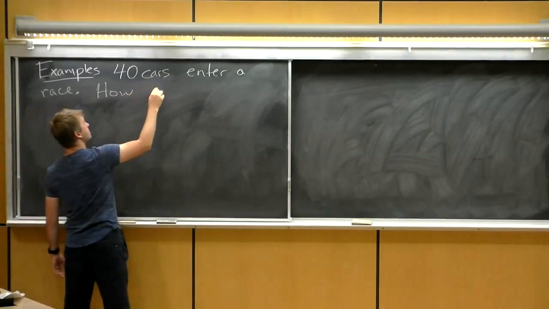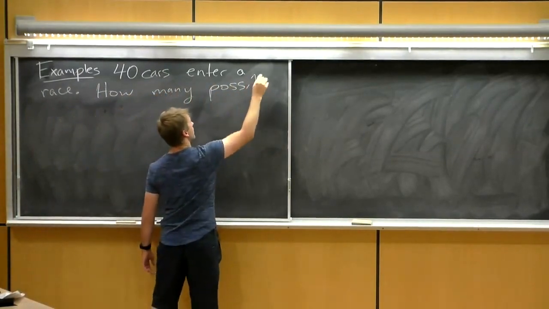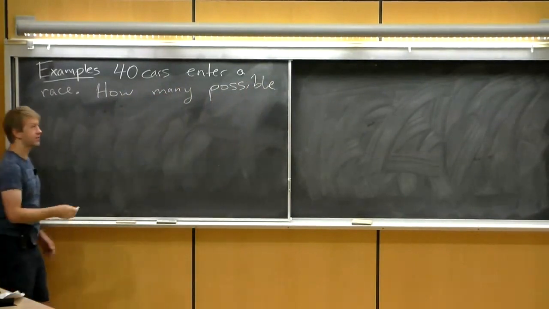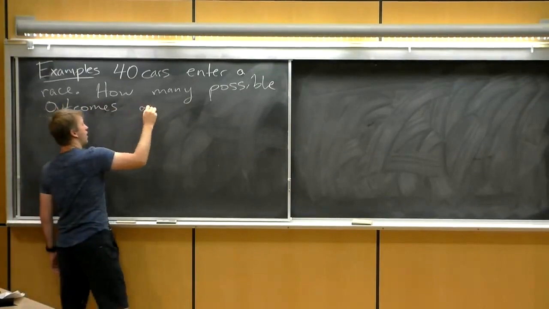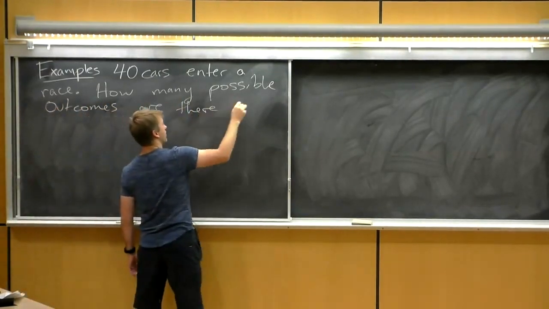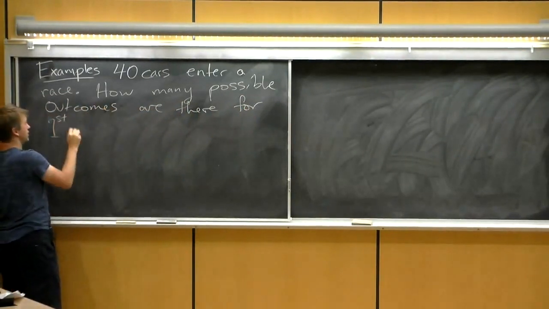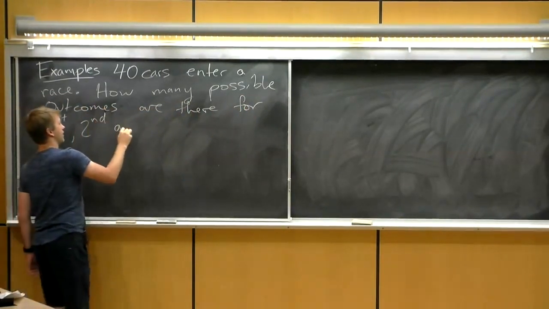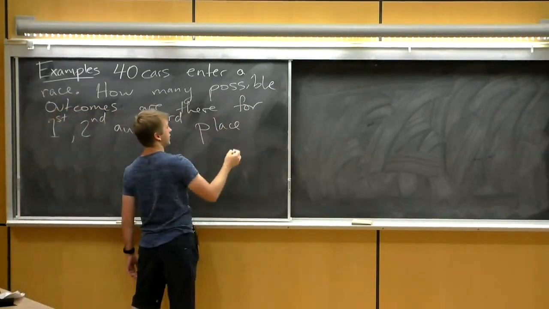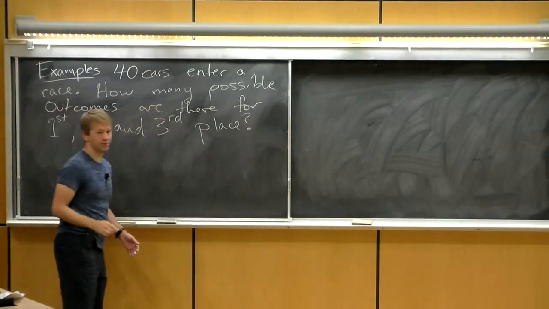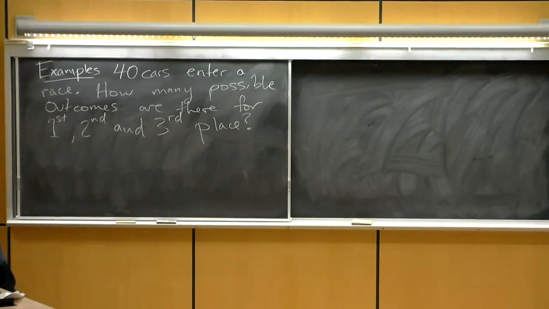How many possible outcomes are there for first, second, and third place in the race? And here we assume that there's no ties.